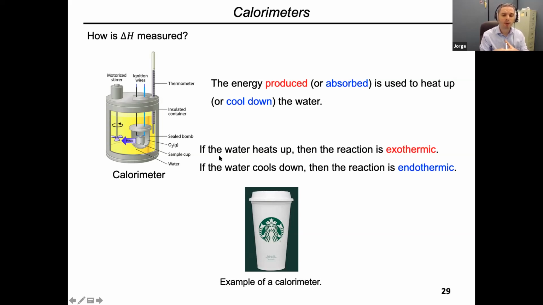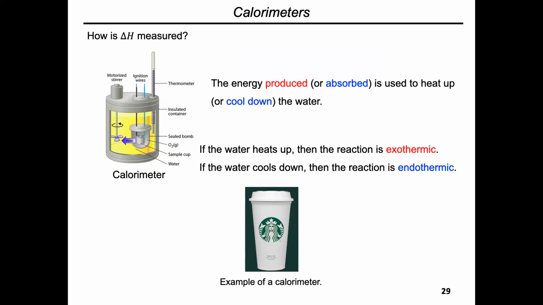Remember, if the water heats up, then the reaction is labeled as exothermic because energy is being produced and used to heat up the water. And if the water cools down, then the reaction is labeled as endothermic because energy is being stolen by the reaction from the water to make the reaction possible.